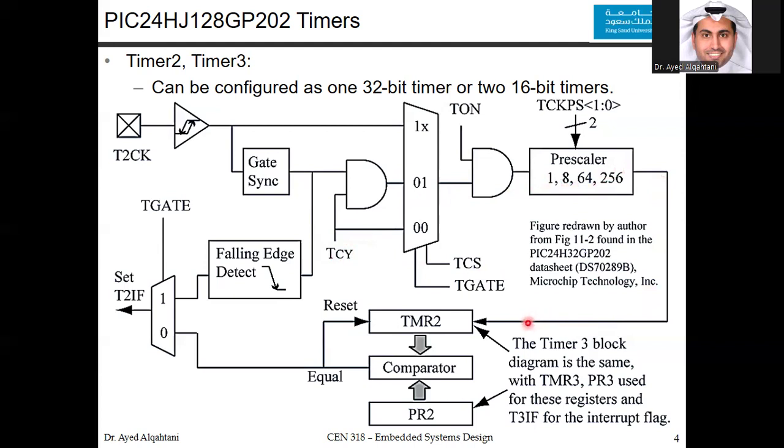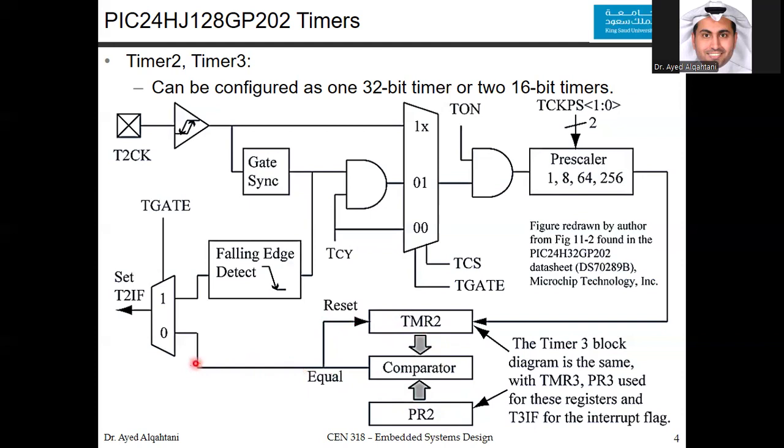And here we have a comparator that compares the timer 2 ticks, which start from 0 and are incremented 1 by 1, to the final value that you registered in the period register, which is PR2. Once you compare them and they are the same, now you will reset the timer to roll it over, starting again from 0.